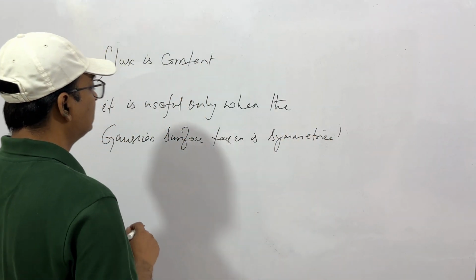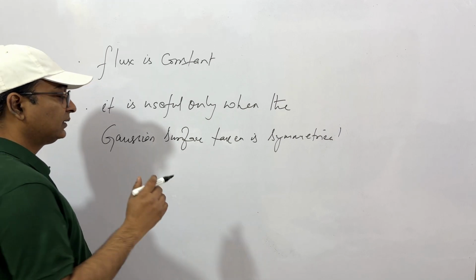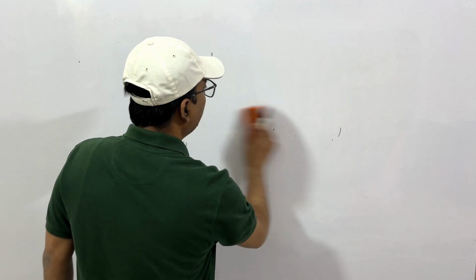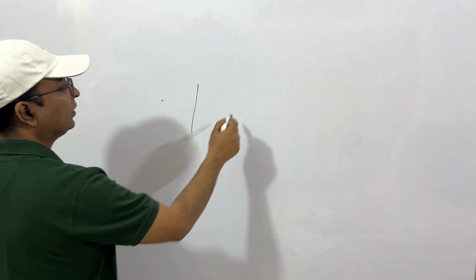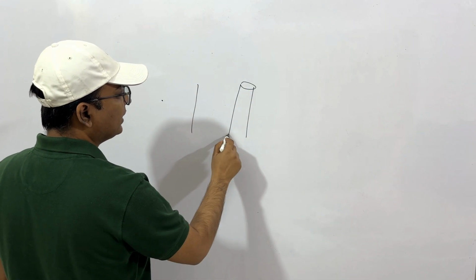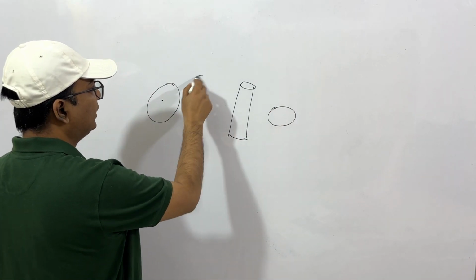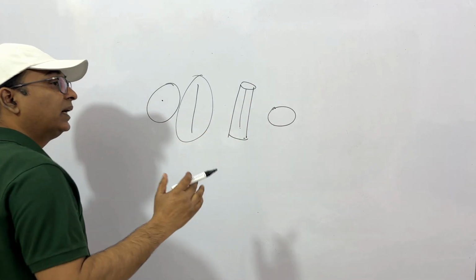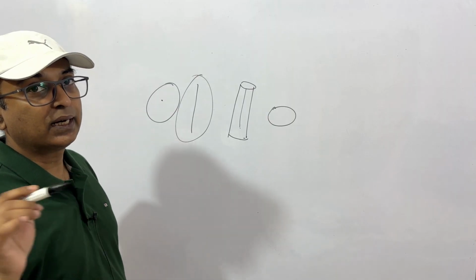Symmetrical in the sense that the body that carries the charge has some symmetry. If you have point charges, a wire, a cylinder carrying charge, or a sphere, you can enclose them within spheres or cylinders so that you have a known area. For example, we used A equal to 2 pi r L.